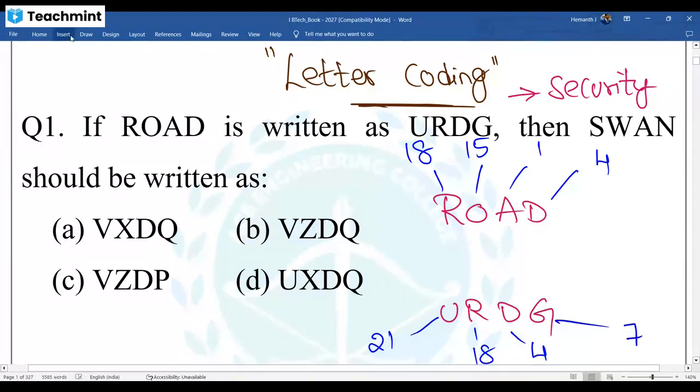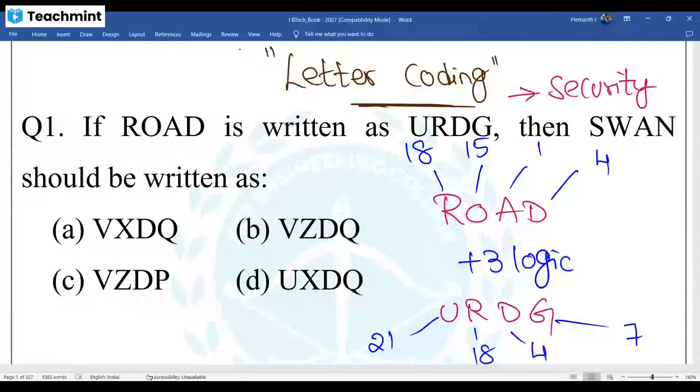If you check every letter, they added 3. R is 18, but here it is given as 21, which means they did plus 3. So the logic we have to understand is the plus 3 logic here. R value 18 is given as 21, they added 3. O is 15, it's 18, plus 3.